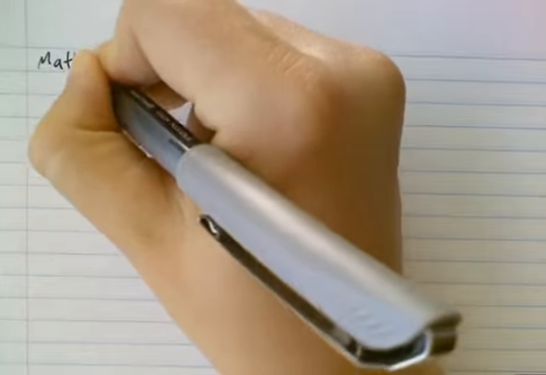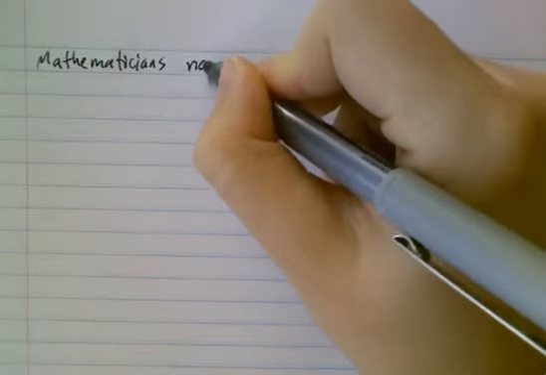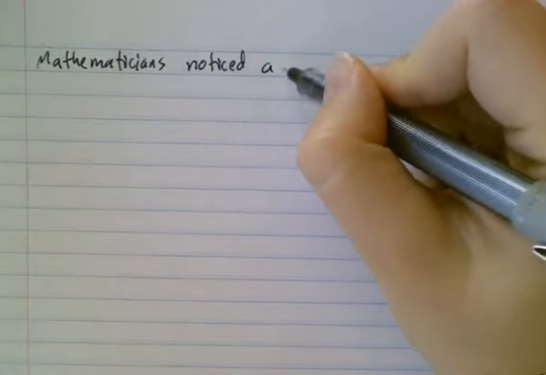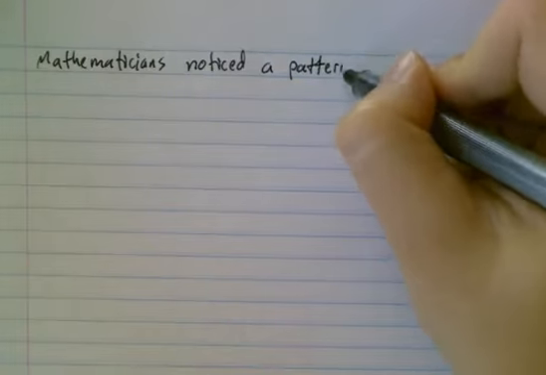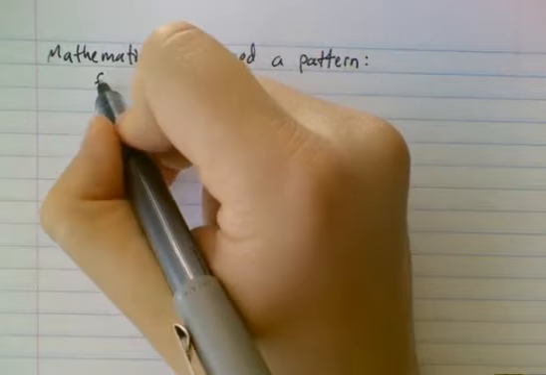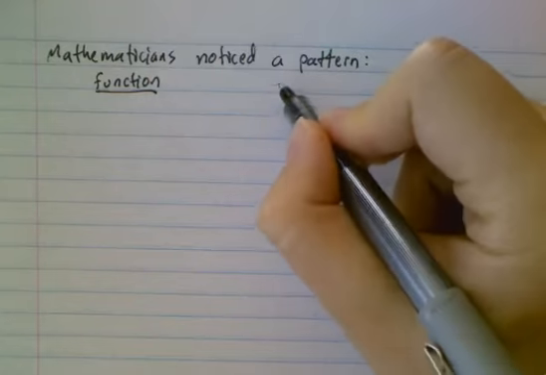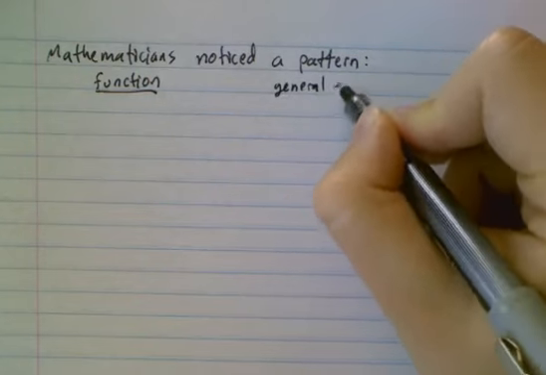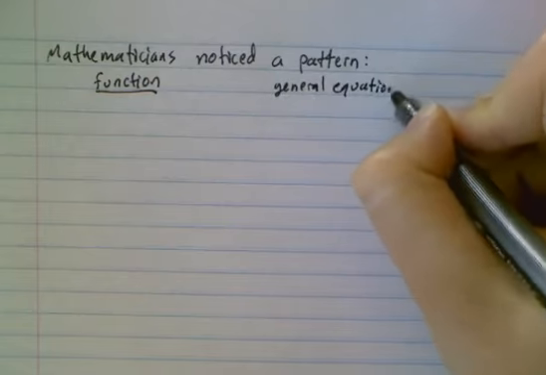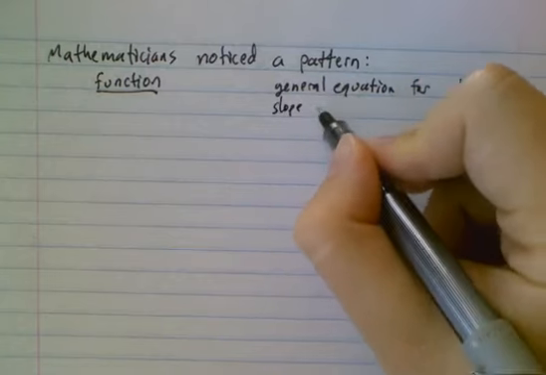After doing this many, many times, mathematicians noticed a pattern. I'm going to write for you what they discovered. Over here we have the function, and over here we have the general equation for the slope of the tangent line.